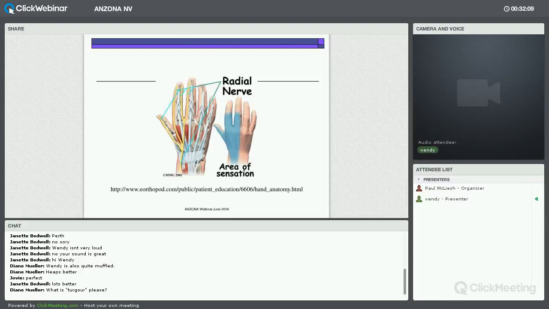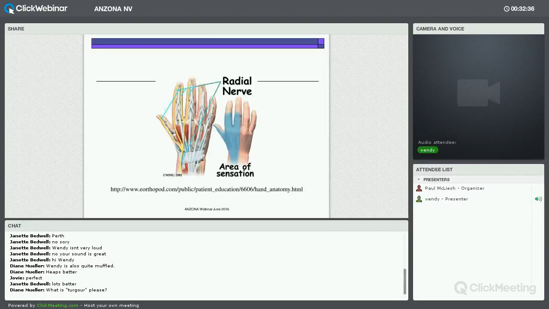When looking at sensation, if all of us were to test the sensation of the nerves to our hands, we'd find the areas of distribution would probably be quite different for all of us. But there are particular areas that tend to be common to most people: the back of the hand with the radial nerve and the area around the thumb.